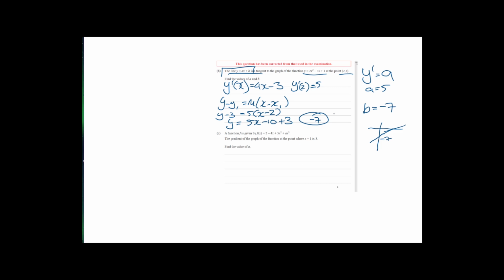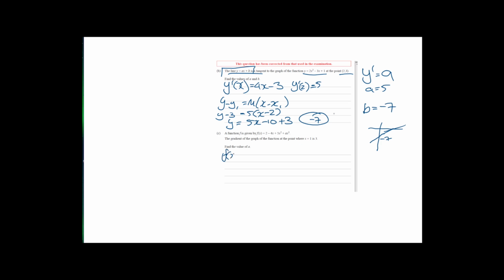The function f is given by f equals that, where there's an a in there. The gradient of the graph at the point x equals 1 is 3. Find the value of a. Okay.